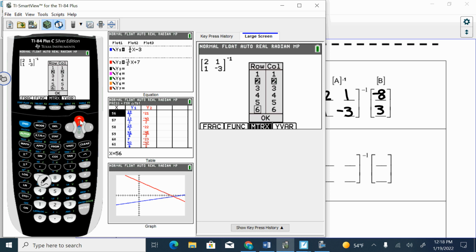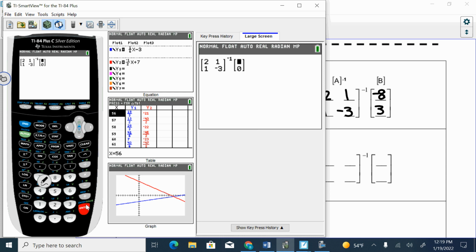There we go. Okay, so now that I have it highlighted, saying that I've got 2 rows and 1 column, I need to hit OK. And it should give me a blank box of that size. Okay, and you just type in the numbers that we wrote down, which were -8 in the top row and 3 in the bottom row.